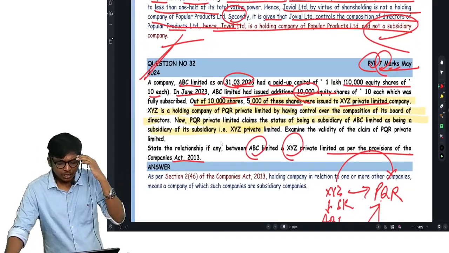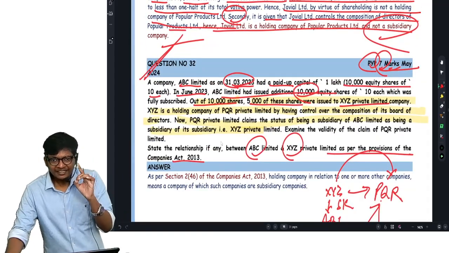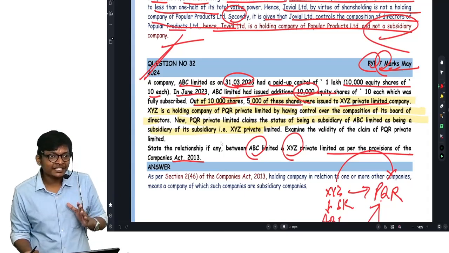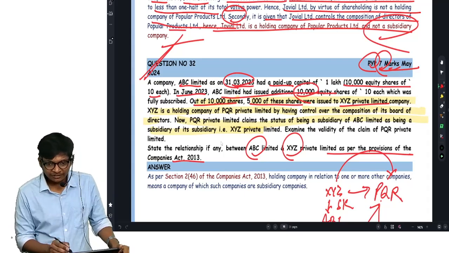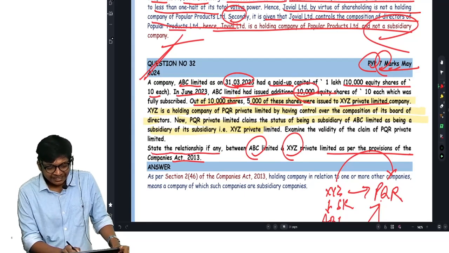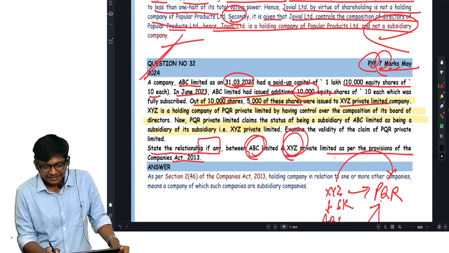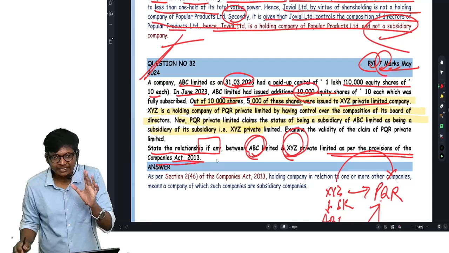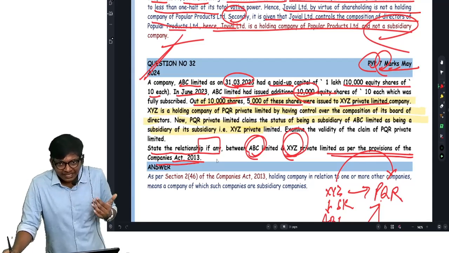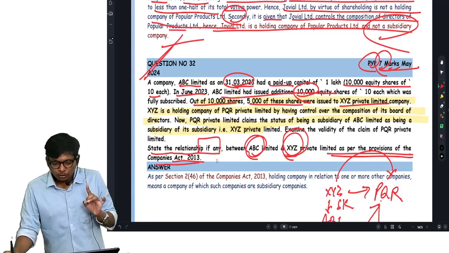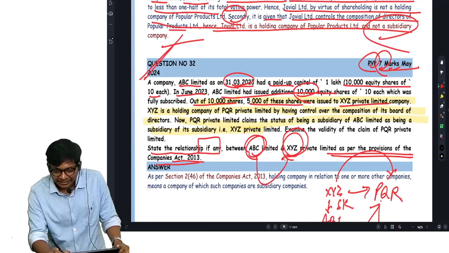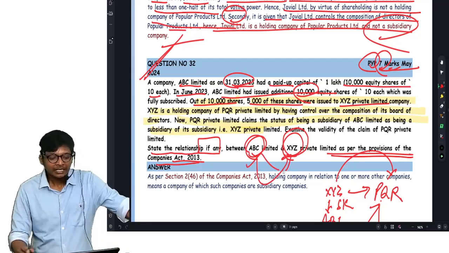Look at this. How you will get marks? Ava enna ketirka question. Anita read it very clearly. I also stopped her while she was reading. State the relationship, if any, between ABC and XYZ as per the provisions. Adha avan kekran. Whatever you analyze, it's fine. But conclusion should deliver the relationship between ABC and XYZ.